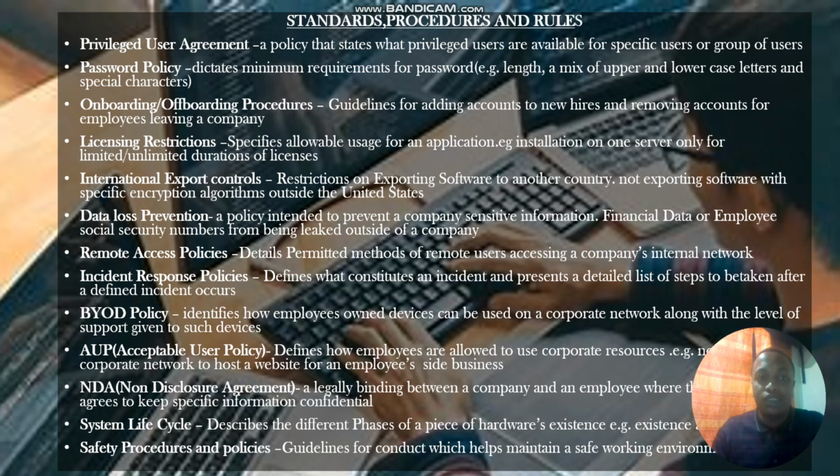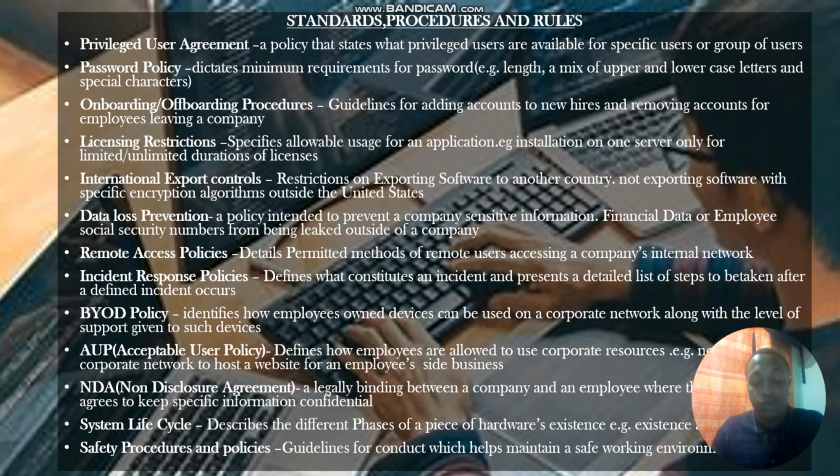We have what we call a password policy, and this dictates the minimum requirements for passwords, that is length, a mix of upper and lower cases, alphanumeric characters, special characters, emojis, all that stuff.